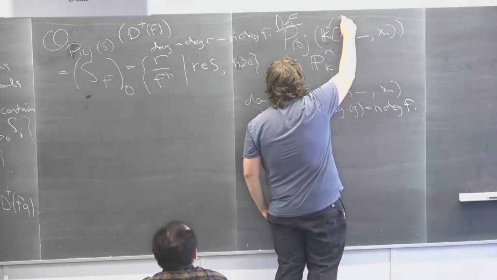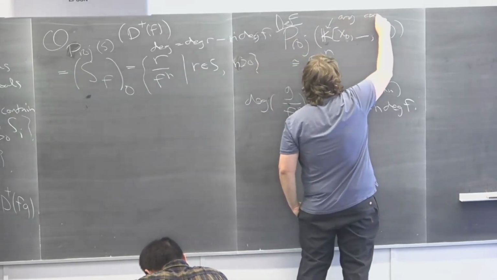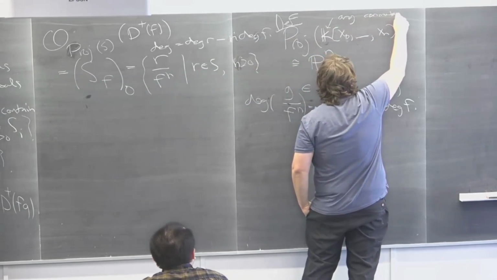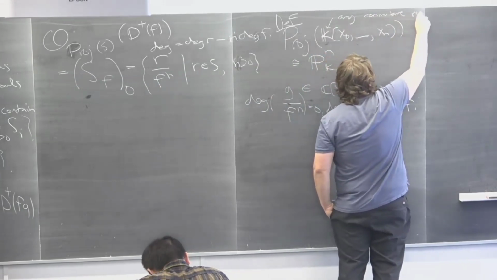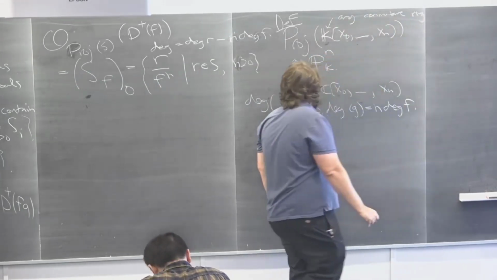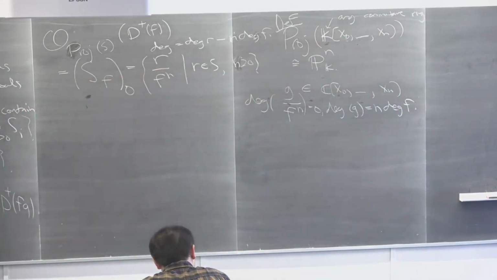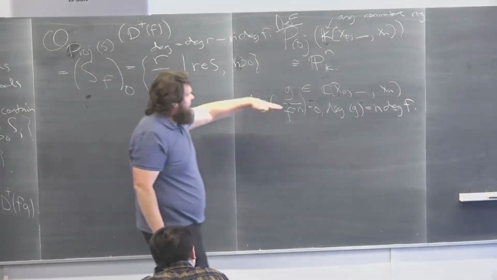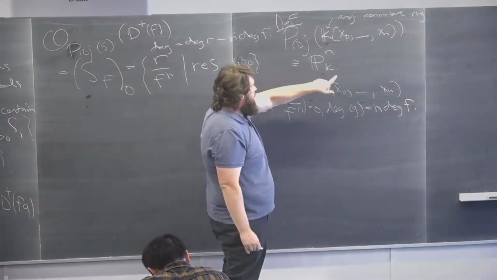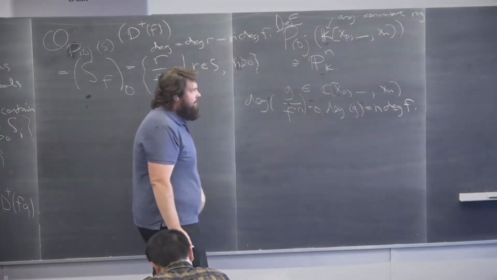K is any commutative ring. And this is my definition of P^n over the ring K.